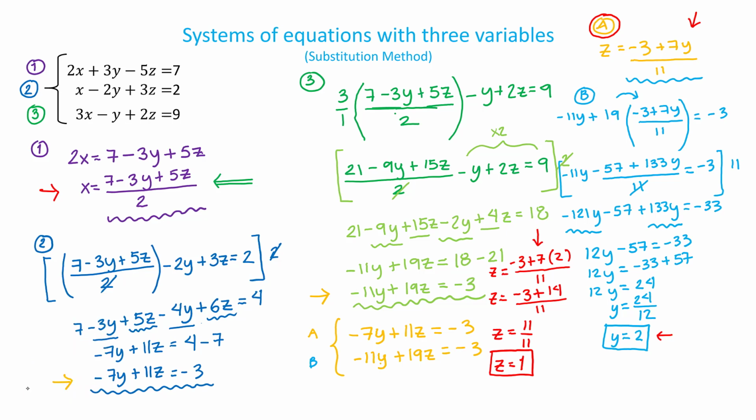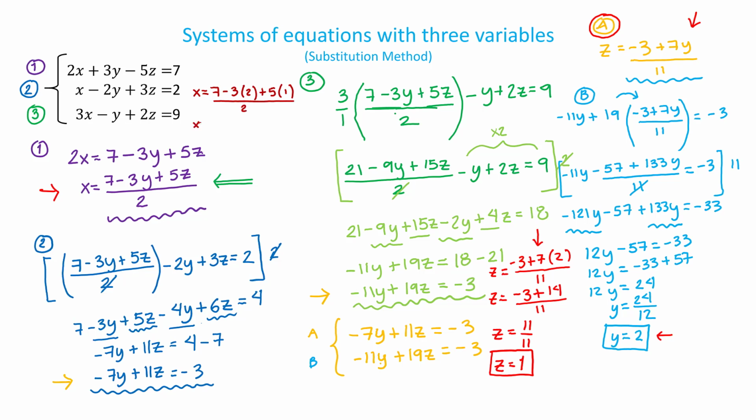So the equation says x equals 7 minus 3 times y that I just said, that is 2, plus 5 times c that I just found out, that is 1. All of that over 2.